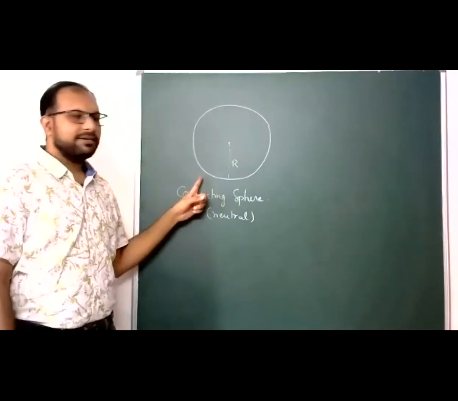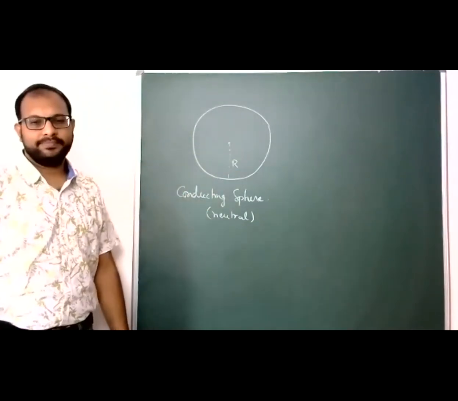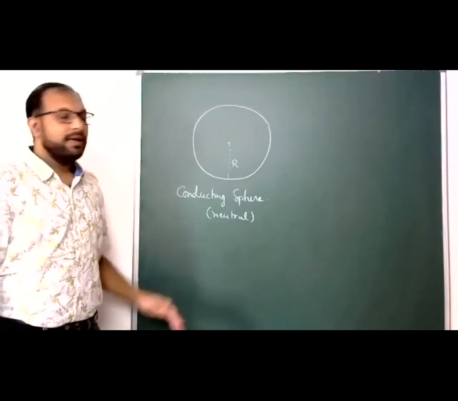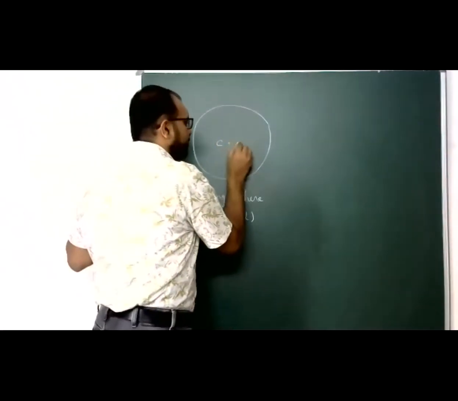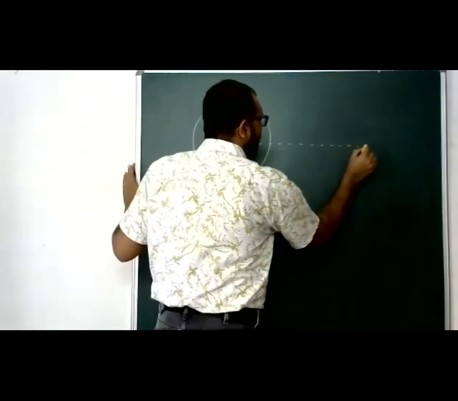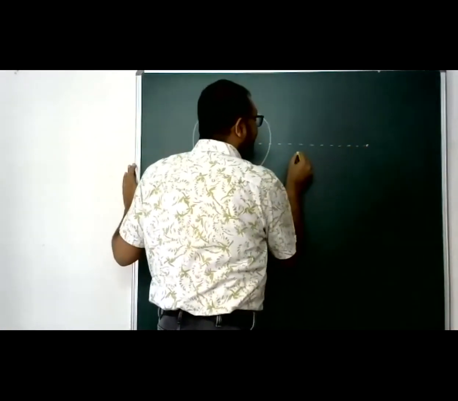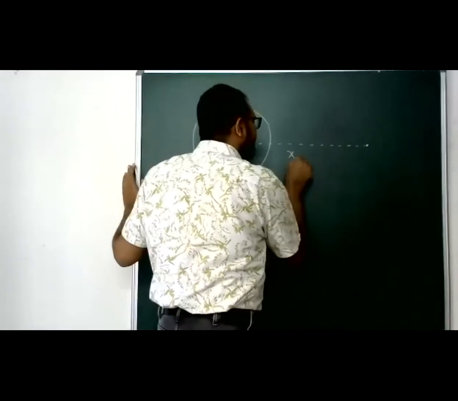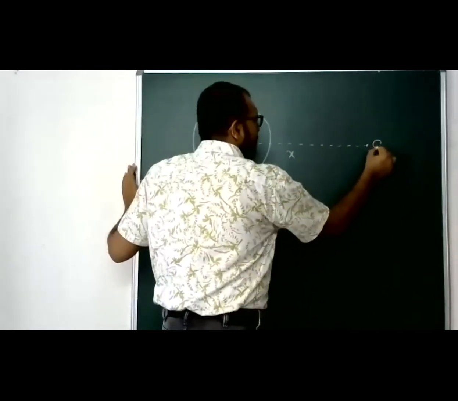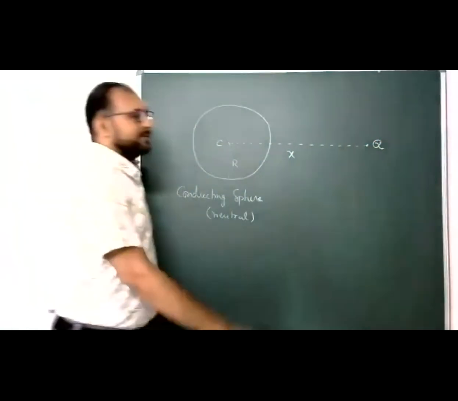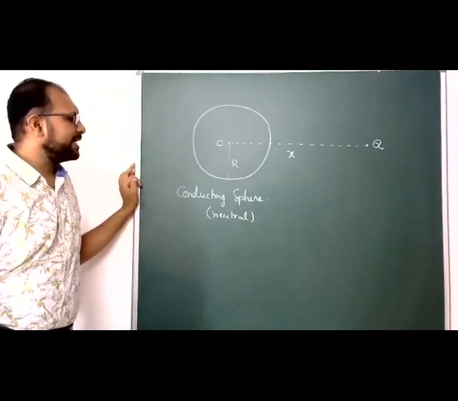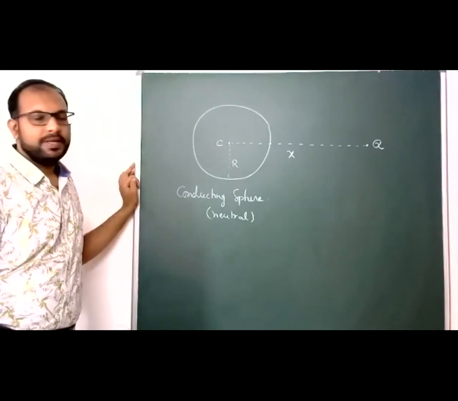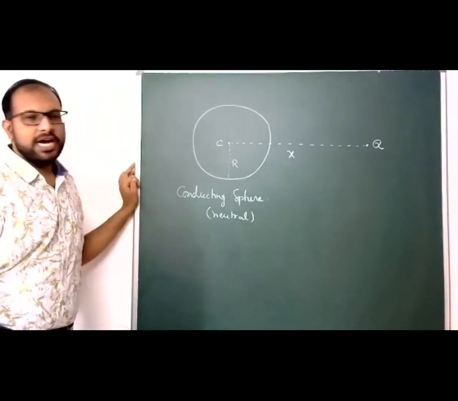That's why on the surface also no charge is there because there is a neutral. But now this is a center C. From the center of sphere at a distance small x, charge Q I am here. At a distance of small x from the center of conducting sphere, a point charge Q I kept.